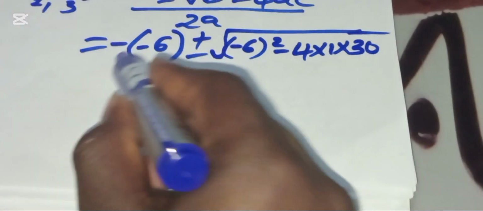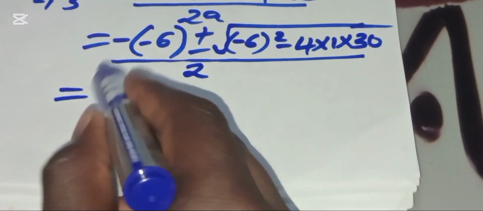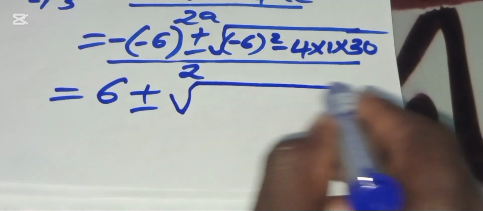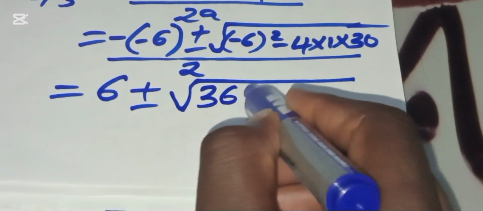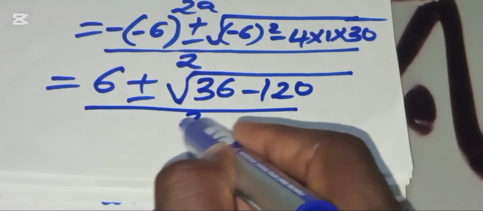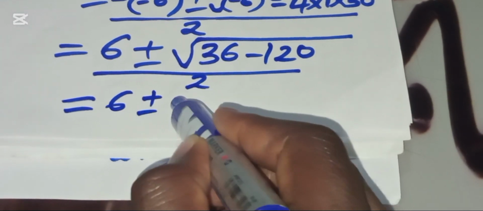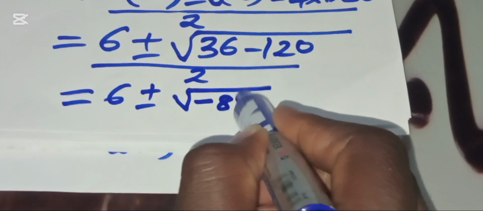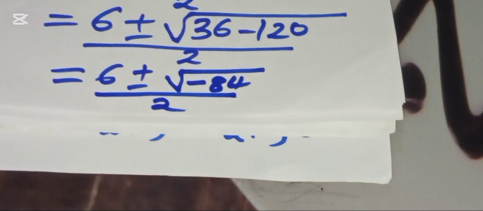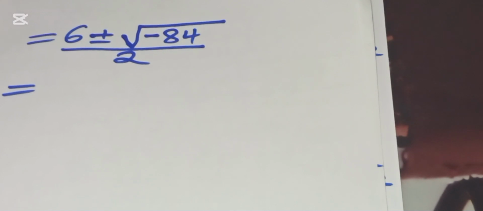All right, divide everything here by 2, so that we'll have 6, negative times negative 6 is 6, plus or minus negative 6 squared, this is 36, subtract 120, divide this by 2, so that we're going to have 6 plus or minus the square root of negative 84, divided by 2.